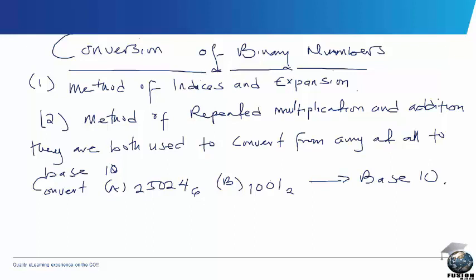The first thing you do is, for our first example A, the base number is 6, and we intend to convert to base 10, according to the instruction. The first thing we do is to start numbering the digits of the base 6 number, starting from the right hand side.